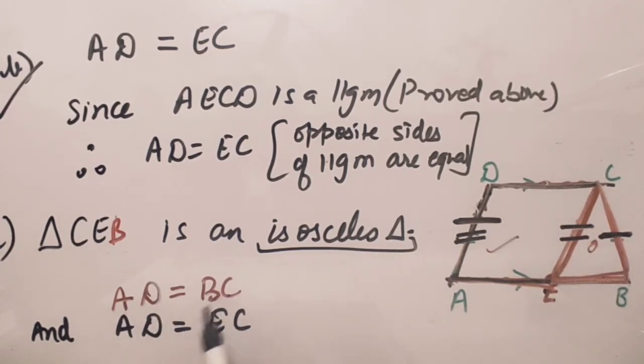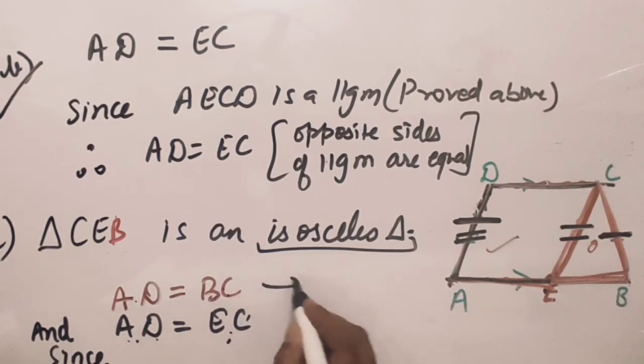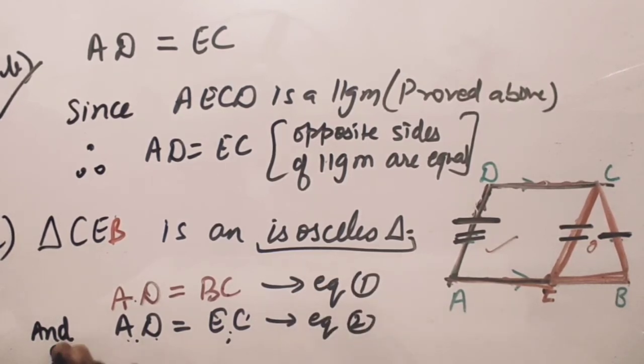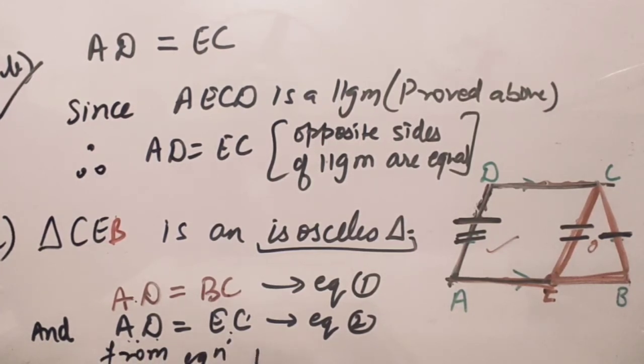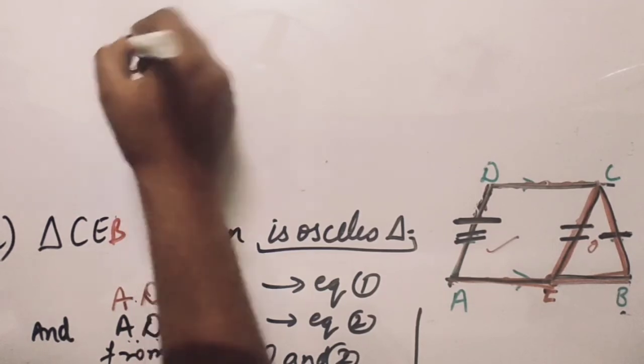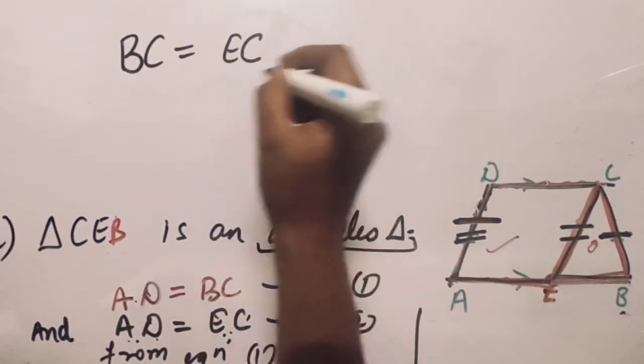When AD is equal to BC and AD is equal to EC, it means that when two different things are equal to the same thing, they are both equal to each other, right or not? So we take this as equation 1 and this as equation 2. What will we write? From equation 1 and 2, it means BC equals EC, right?